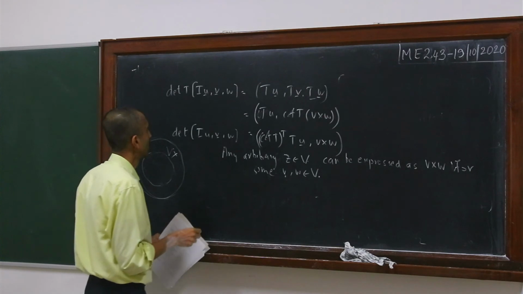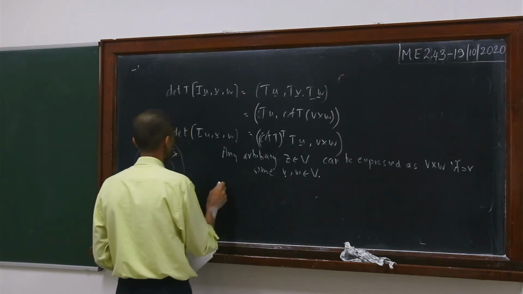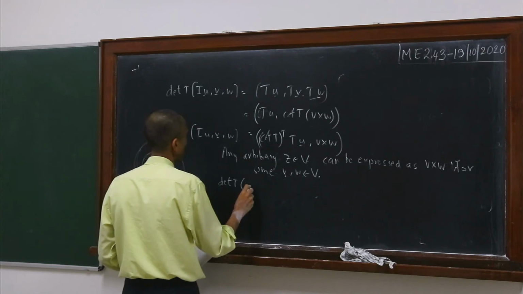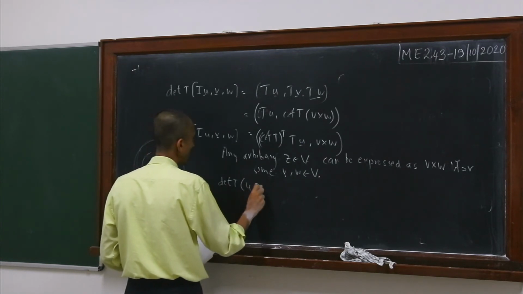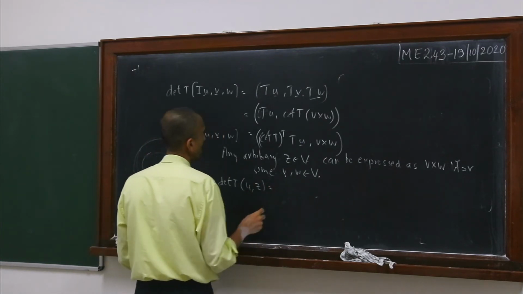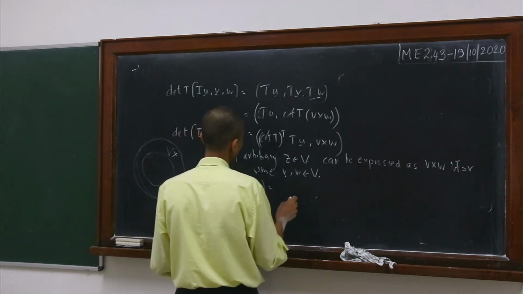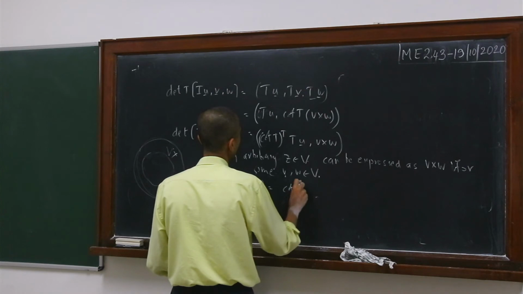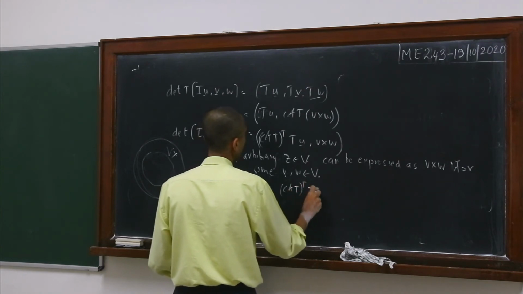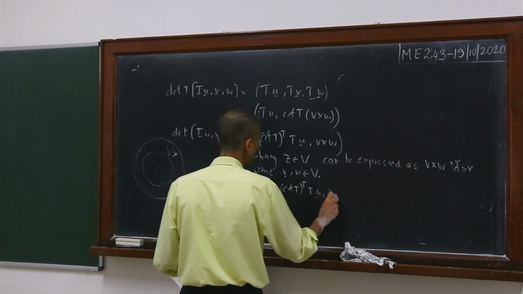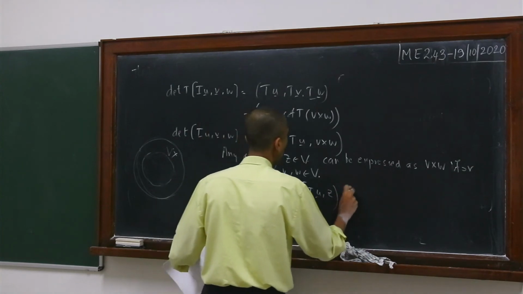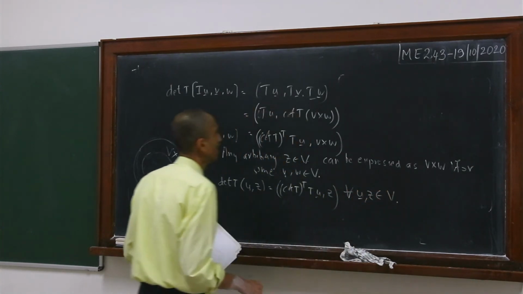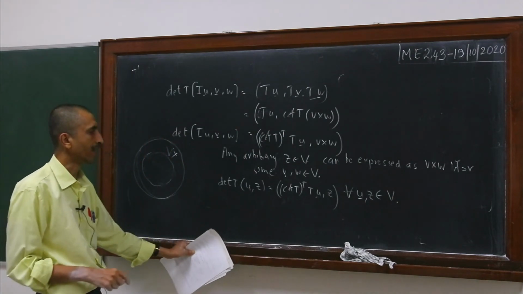So basically I can now write that determinant of T times U comma Z, where V cross W is replaced by an arbitrary Z, is cofactor T transpose times T U comma Z. So this is for all U, Z belonging to V. And then use equality of tensors.